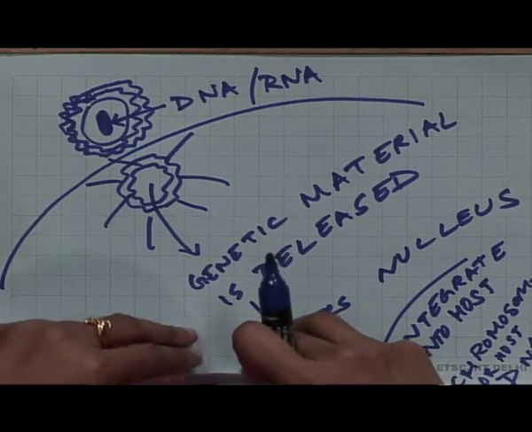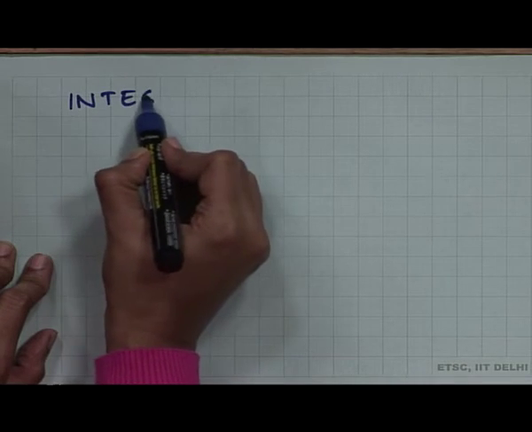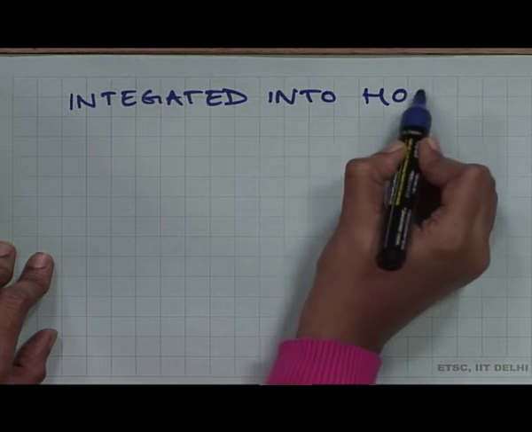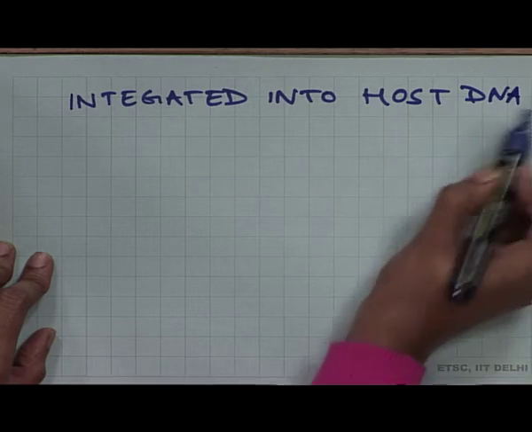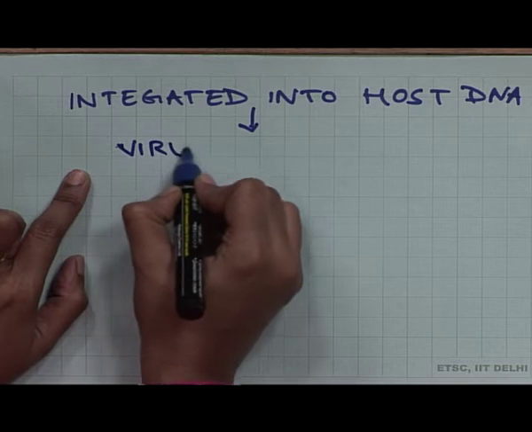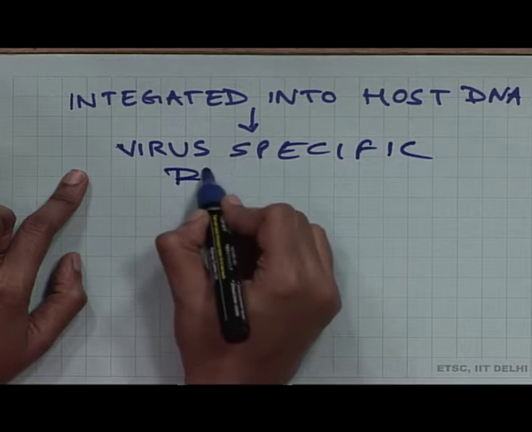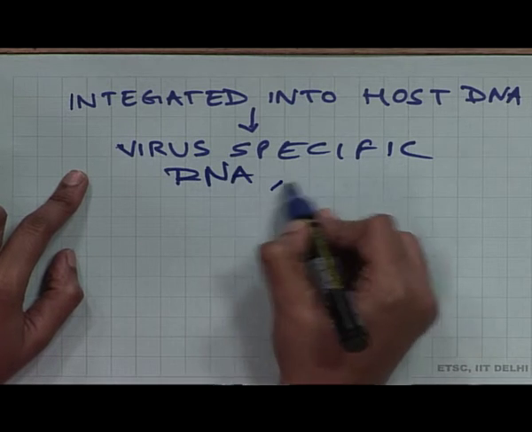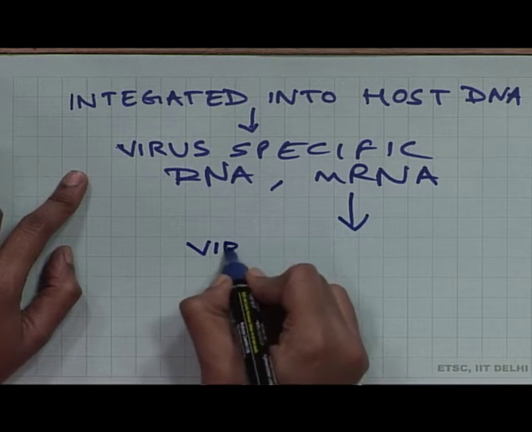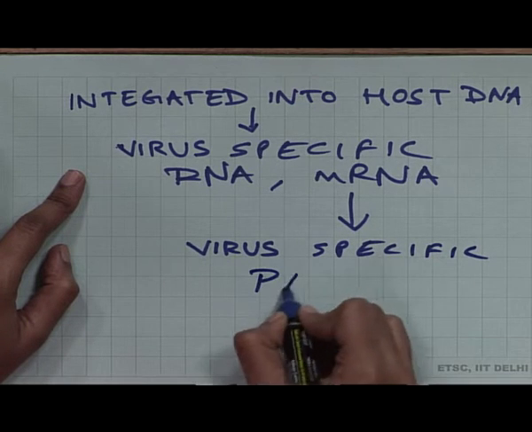Once integrated into the host DNA, the host DNA would then help to produce virus specific RNA, including virus mRNA, which can produce virus specific proteins.